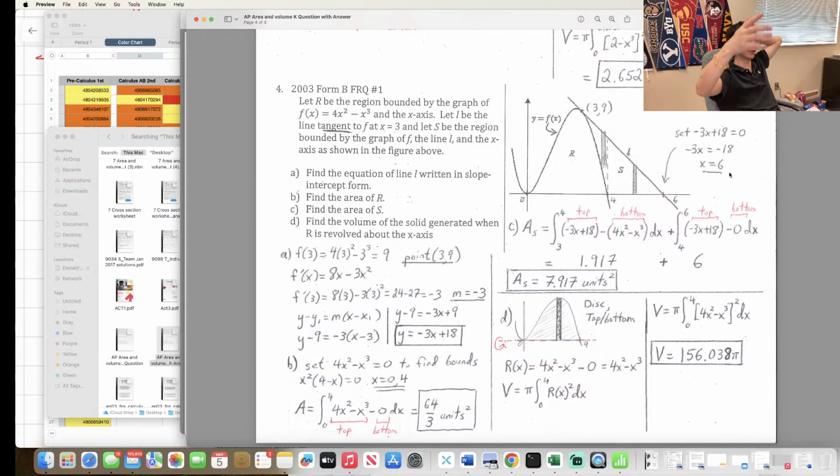Your answer is already multiplied by pi. Okay, yeah, it can be a fraction. It was like 7,000. You gotta work it out, see if it's equal to 156 times pi. No, I get it.